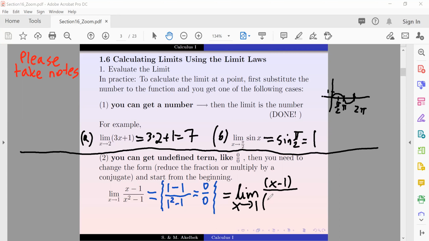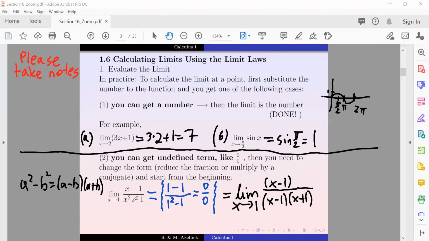Excellent. X minus 1 and then x plus 1. Very good. We are using the formula that a squared minus b squared is equal to a minus b times a plus b, or simple quadratic factorization, looking for two numbers whose product is -1 and when you add them is 0, right?